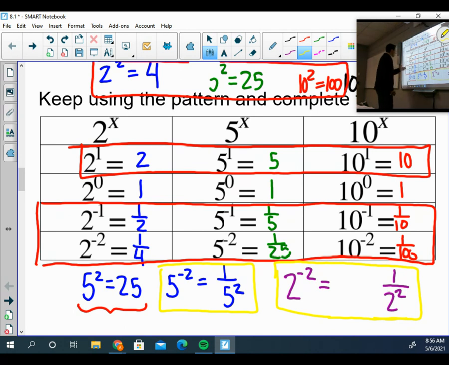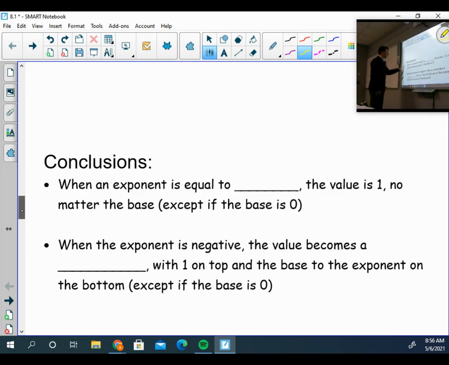By following this pattern, what we observed is we quickly found out some values for negative exponents. And when we dug a little deeper and looked at those values, what we saw was a relationship between the positive exponent and the negative exponent. Namely, that the positive exponent and the negative exponent were the same, except the negative exponent had the value of the positive exponent in the denominator, which leads us to this conclusion.